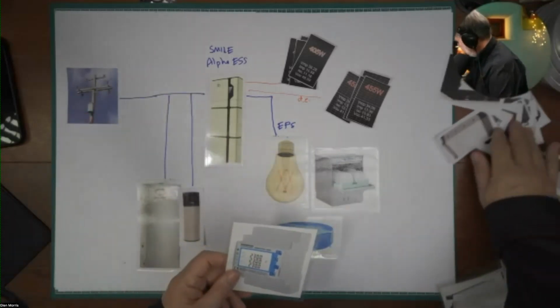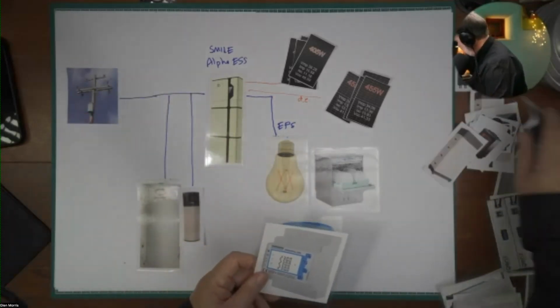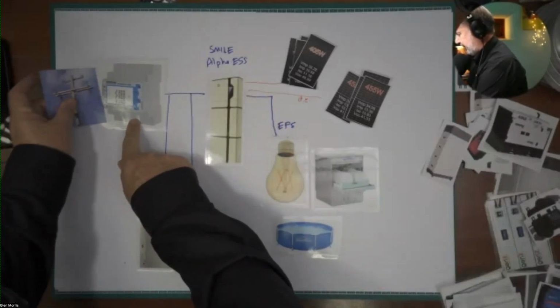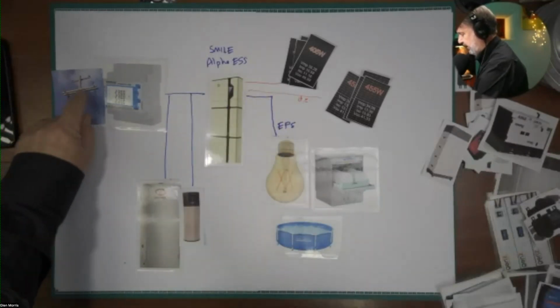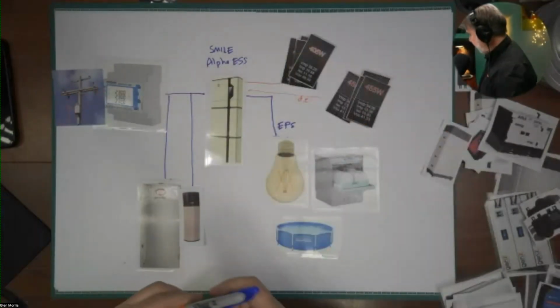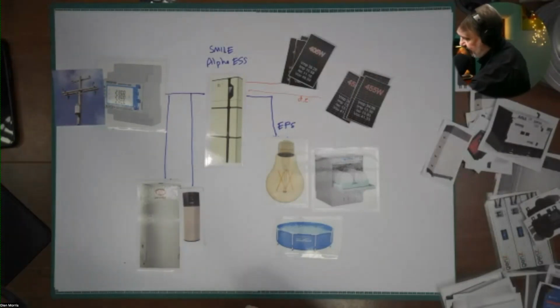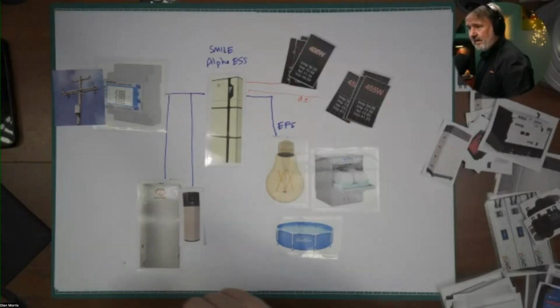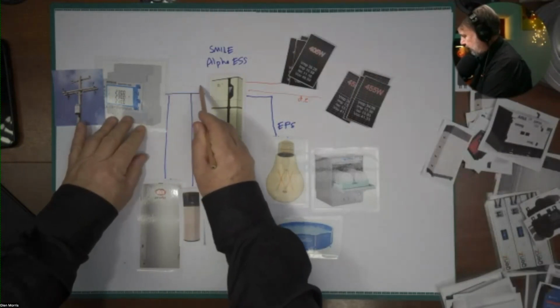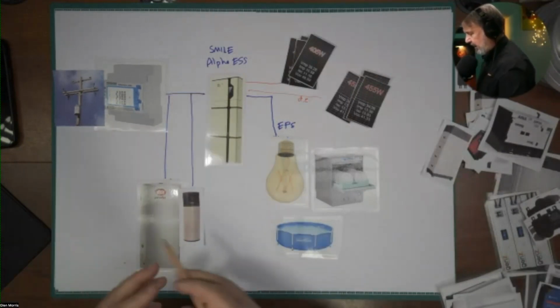See if I can find a little energy meter. I haven't got a little one. But I'll put it there. We have an energy meter that sits between the grid and everything else. And that energy meter is supplied by the Alpha ESS system. And so that energy meter is going to communicate with the Alpha system about what's happening.